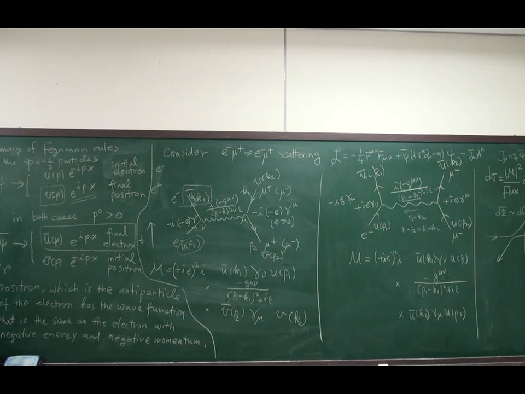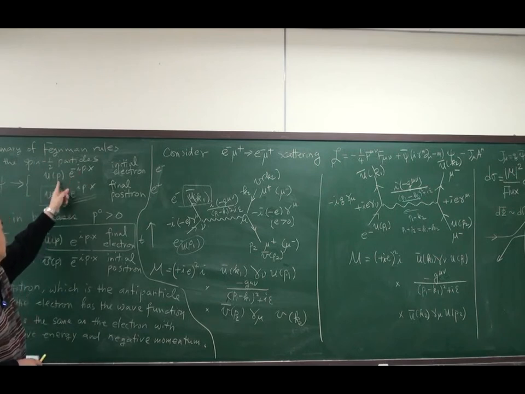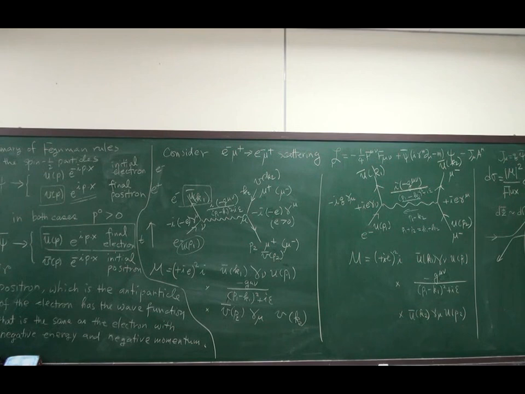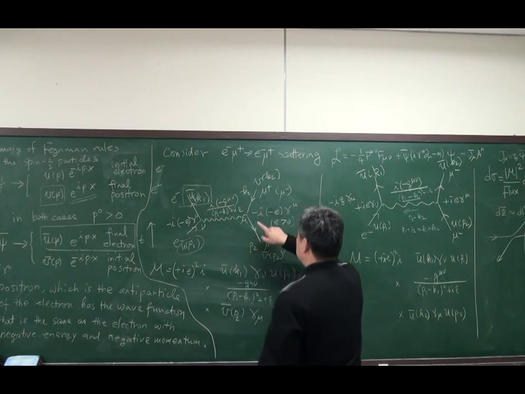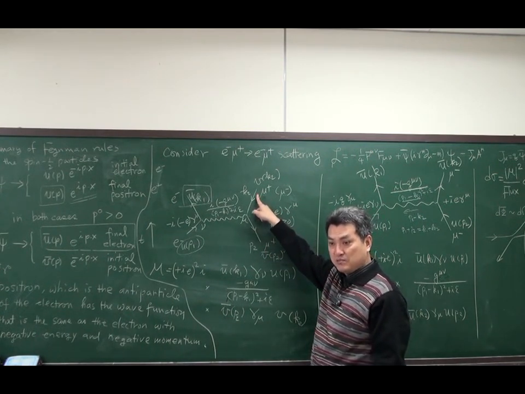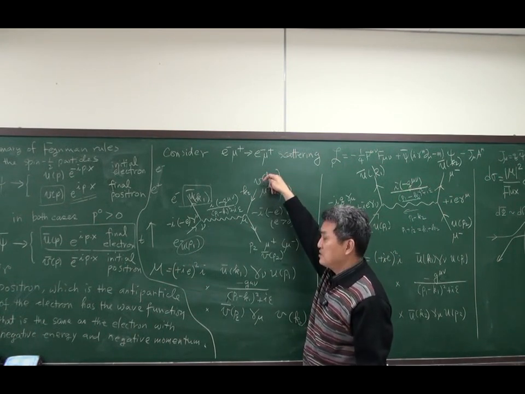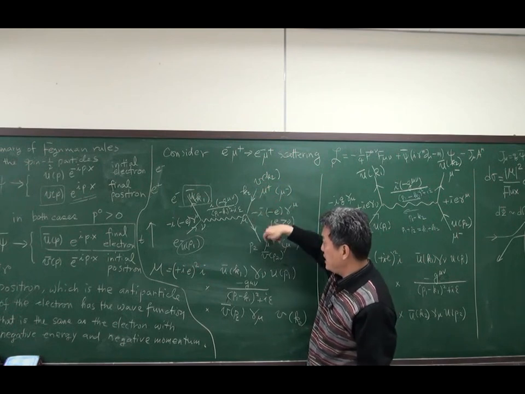You will guess that if you substitute minus p for p in this expression, then you will get this. Actually, that is the case. So here, even though it is a final state anti-mu, it looks like a negative energy mu is going in this way.